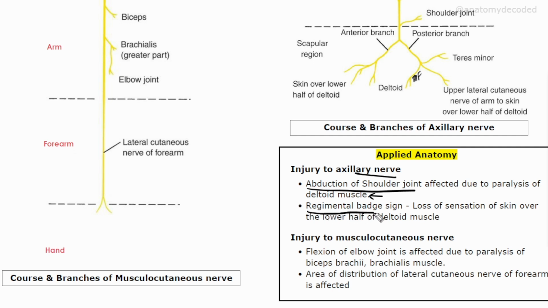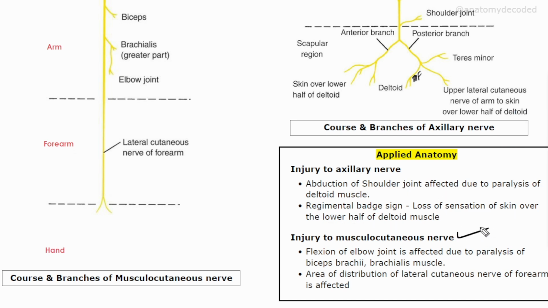There is also a condition called the regimental badge sign. It is the loss of sensation over the skin over the lower half of the deltoid. If this is the region of the deltoid, there would be loss of sensation in the lower half, like a badge in that region. So that's referred to as the regimental badge sign.